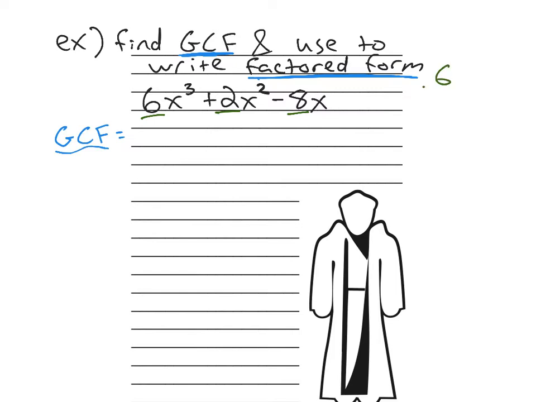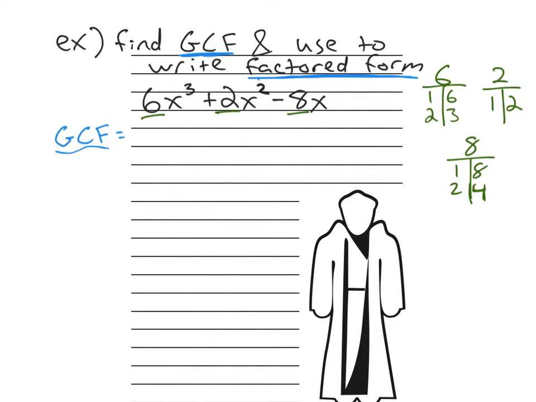So 6 can be made from what pairs that multiply? 1 and 6, and 2 and 3. Those are the only factors that make 6. What about 2? Just 1 and 2. And the last number up there is 8. What multiplies to make 8? 1 and 8, 2 and 4.